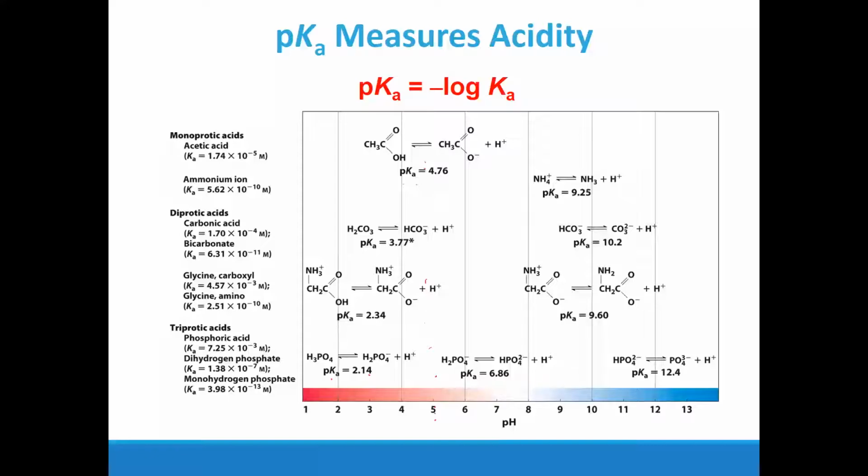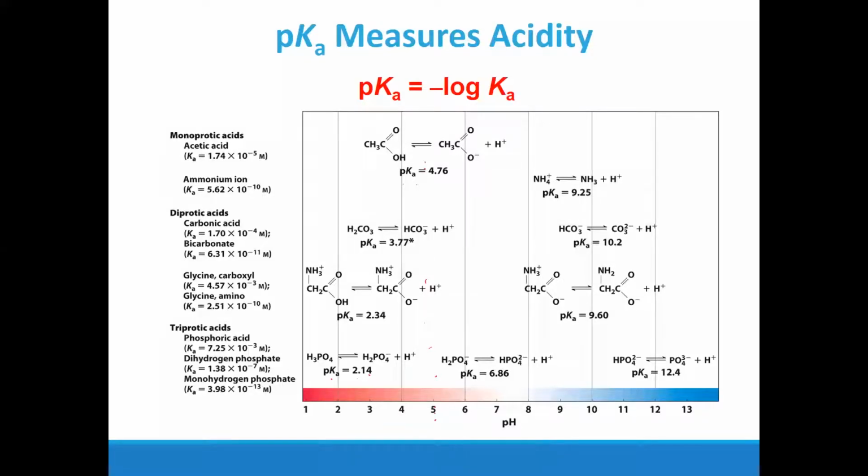So the ammonium ion, shown here, NH4+, has a pKa of 9.25. This is a much weaker acid. And you can see along the pH scale that it needs to dissociate closer to this basic range, 9.25.